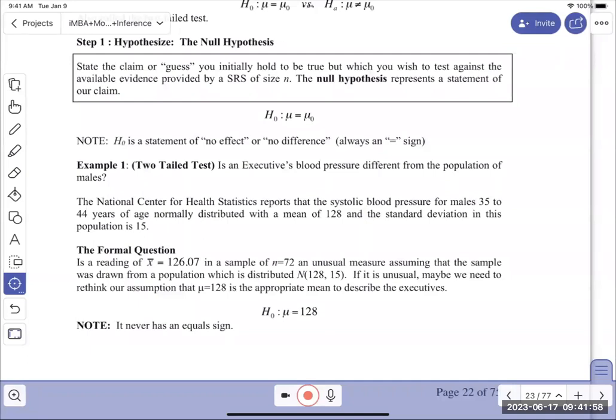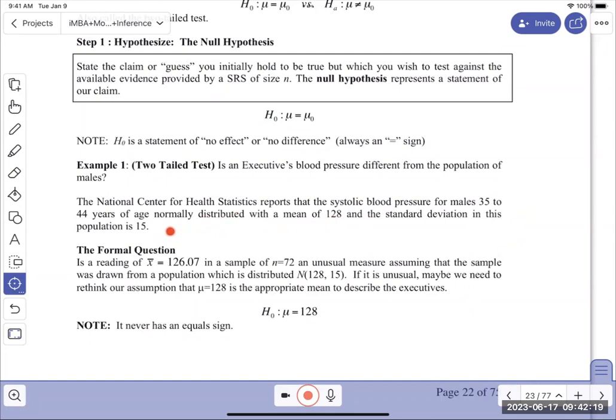It's known that men between ages 35 and 44 have a systolic blood pressure that is normally distributed with a mean of 128 and a standard deviation of 15.